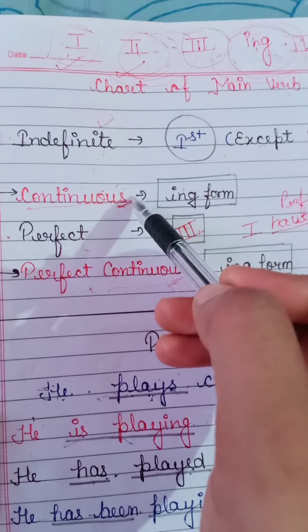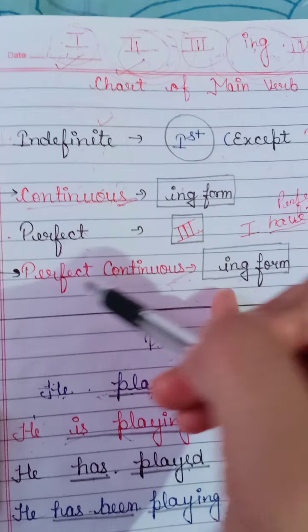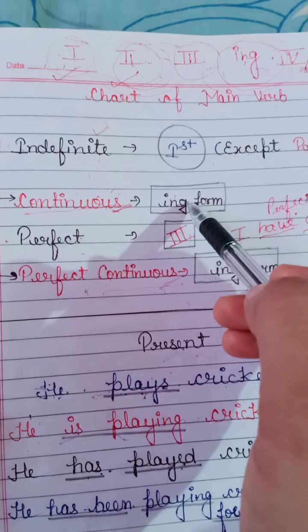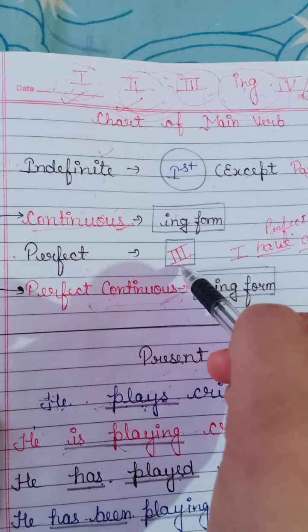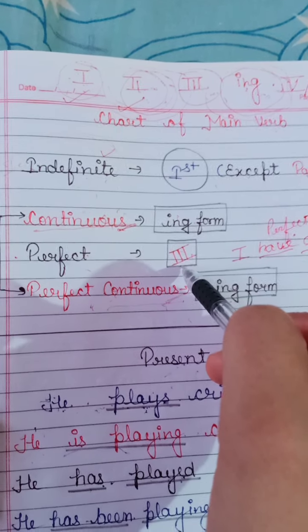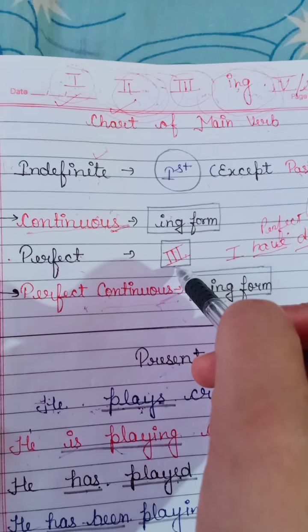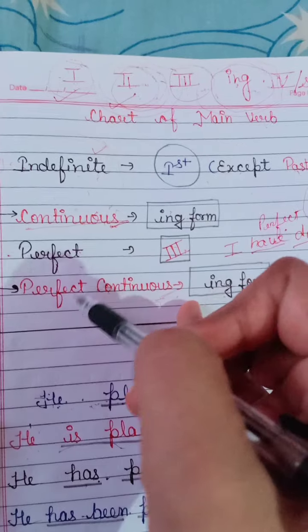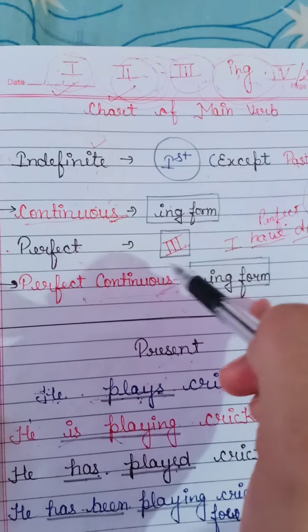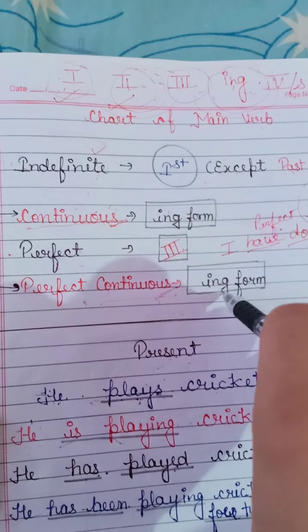Continuous, whether it is continuous or perfect continuous, will take the ing form of main verb, and perfect, I have already told you, will take third form of main verb. All the perfect tenses, all the continuous, all the perfect continuous. So it is a very easy way to learn main verbs.